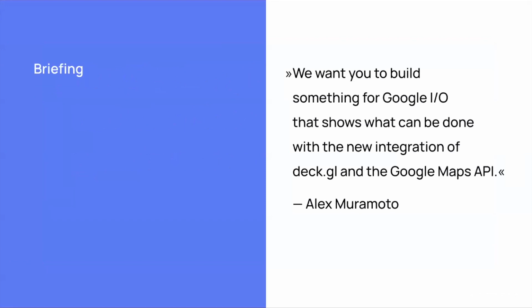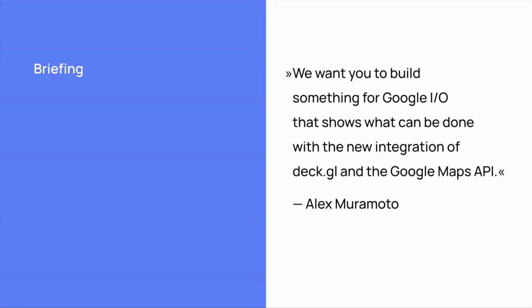The briefing we got was basically, we have this Google I/O thing coming up, and can you do anything that looks cool? Everybody dreams of these sort of briefings where you can do anything you like.